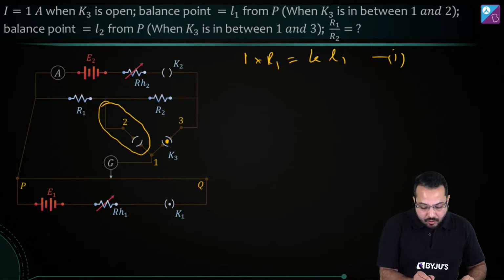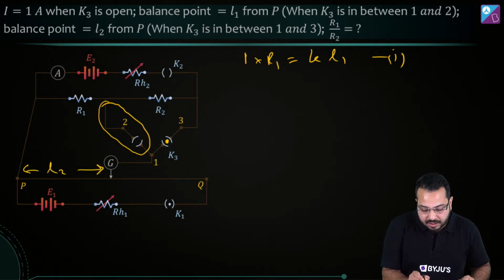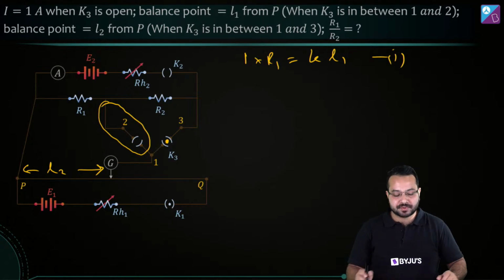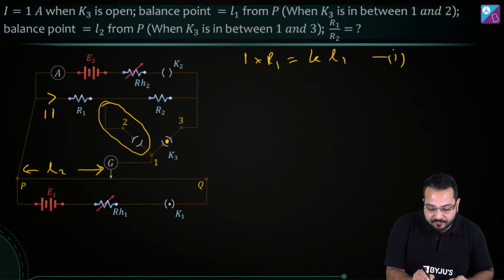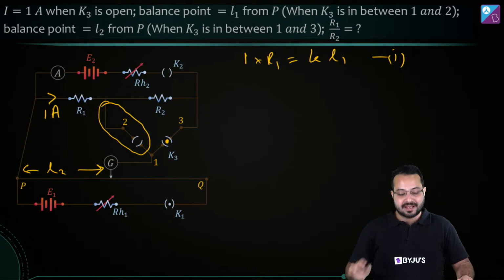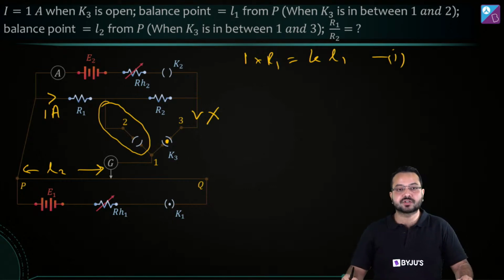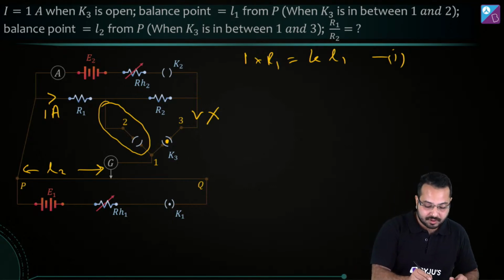Perfect. Now the null point has been achieved at L2. Now the same thing is going to happen. The current is going to be 1 ampere through this branch, and listen to me very carefully. There is no current through this branch. Now look at this. What does it mean? Now what are the points? This point and this point.